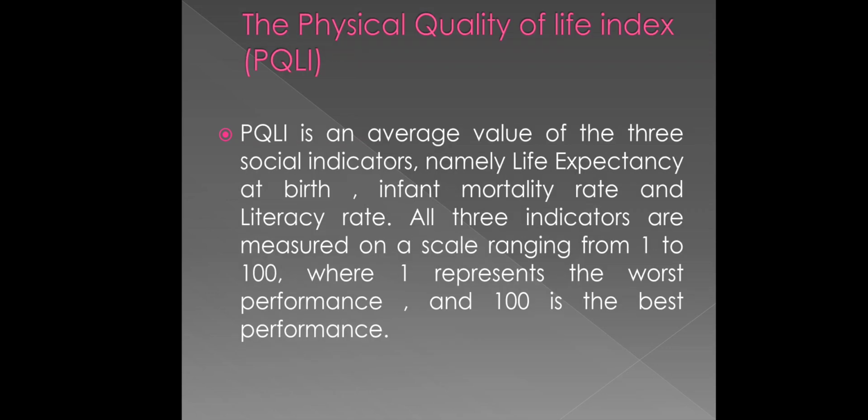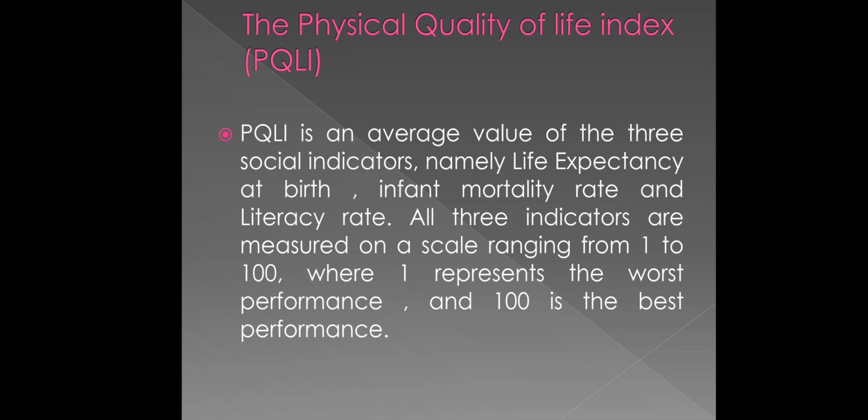So next, the physical quality of life index. It was developed by Dr. Morris in the 1970s. It attempts to measure national well-being using social indicators. The physical quality of life index is an average value of three indicators: life expectancy at birth, infant mortality rate and illiteracy rate.